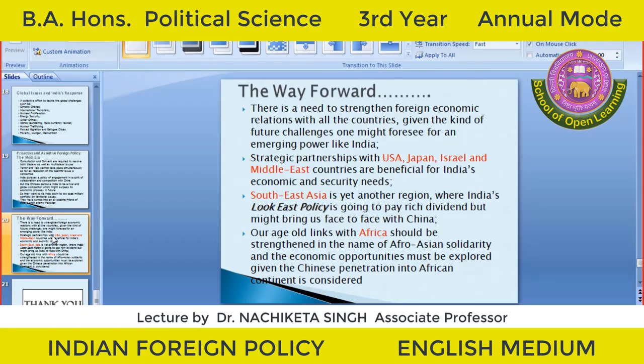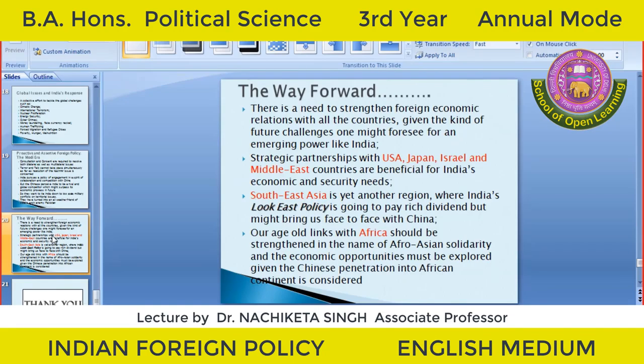And the third important dynamic determinant of India's foreign policy, I would say, is globalization itself. This was not a determinant in post-independent India when the foreign policy was devised.